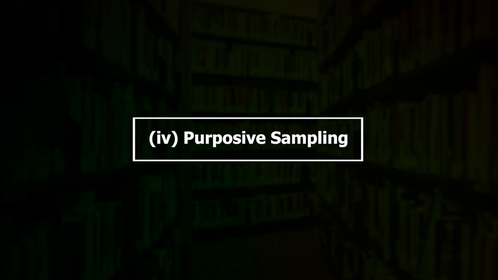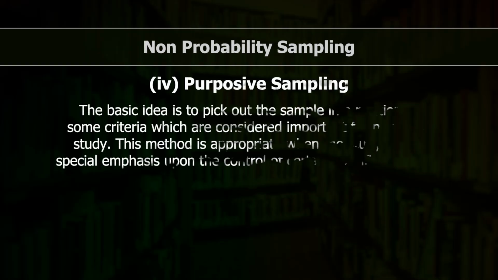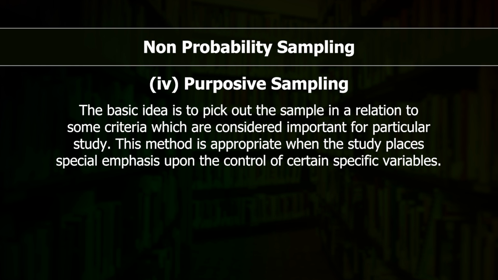Another type, purposive sampling. The purposive sampling is known to be the representative of the total population, or it is known that it will produce well matched groups. The basic idea is to pick out the sample in relation to some criteria which are considered important for a particular study.